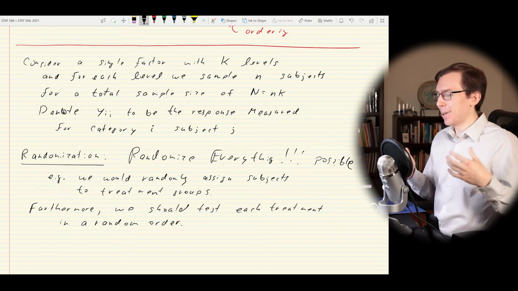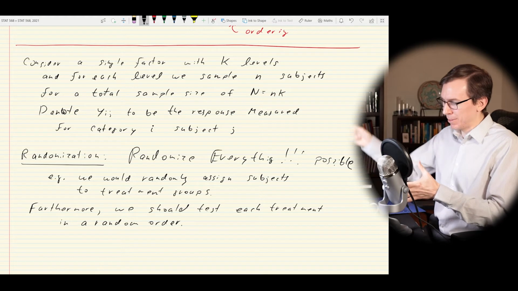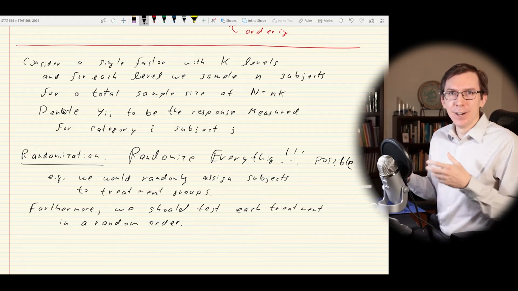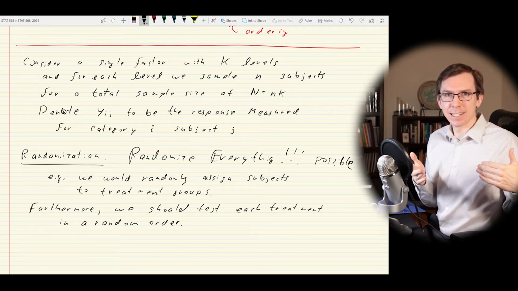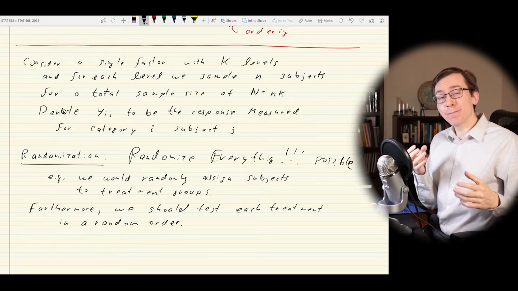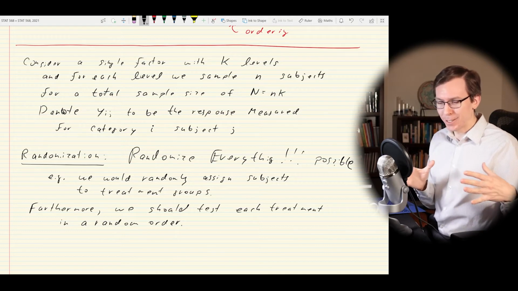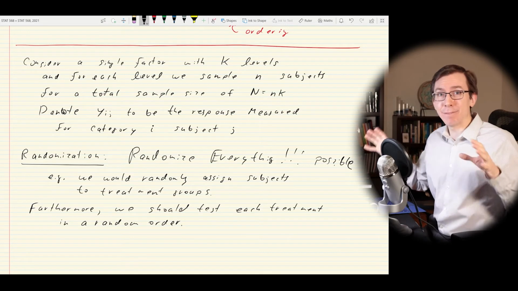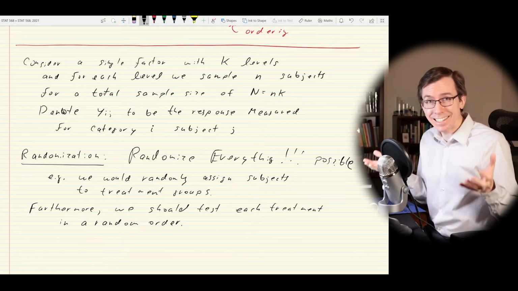What that means is, let's say I was doing some type of experiment on cell cultures, and I did all the placebos first, and then I did all the medicine treatment second. Well, then if something changed in the laboratory condition, like maybe it was later in the day, maybe it was hotter or colder or more humid, that could affect the outcome or the response. And it just so happens that because I had all the placebos first and all the medicine second, it may look like there's a significant effect between the placebo and the medicine when there actually isn't.